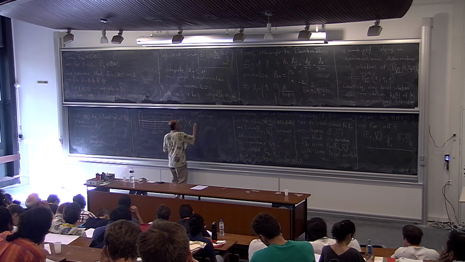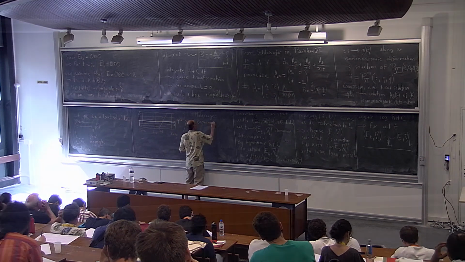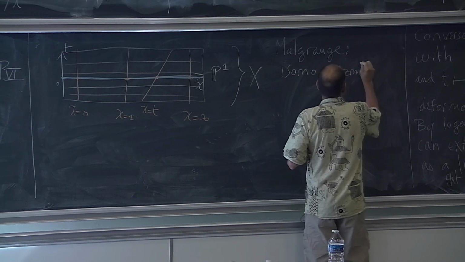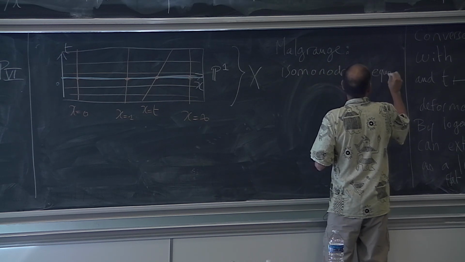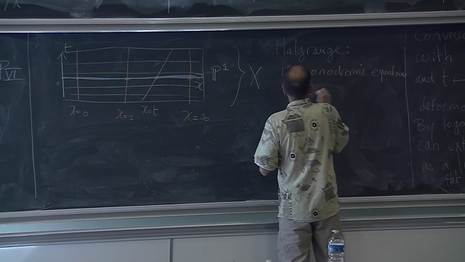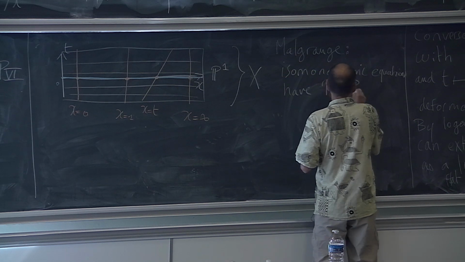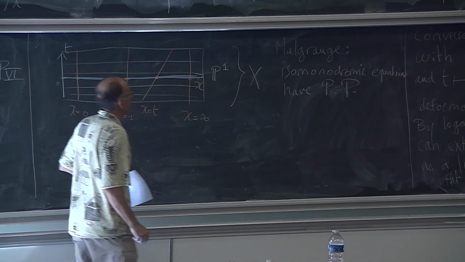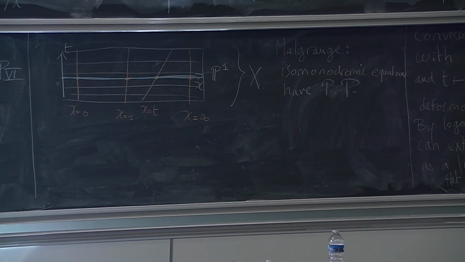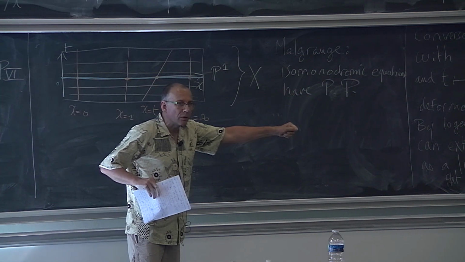So he proves that isomonodromic equations have the Painlevé property. And the idea is to construct the global solution by constructing the global isomonodromic deformation.